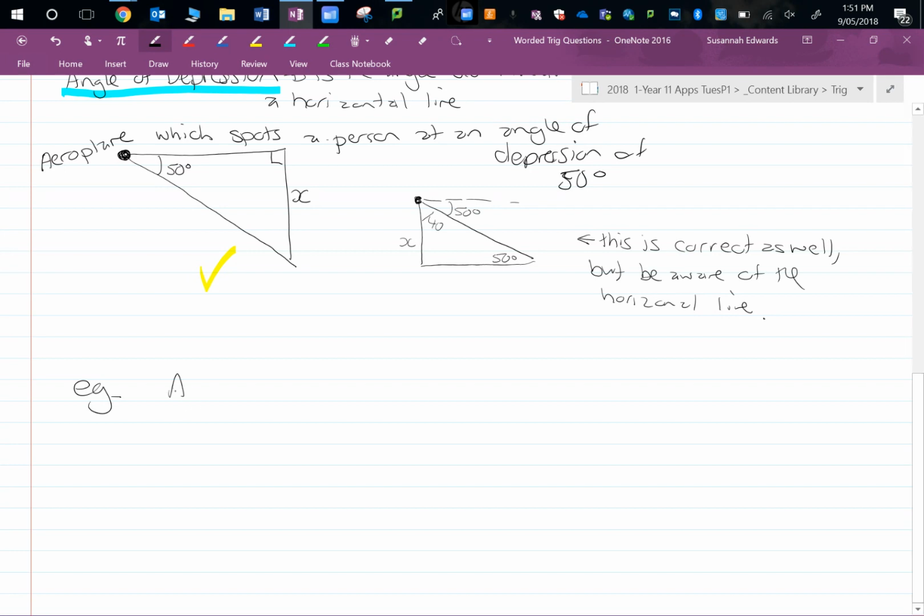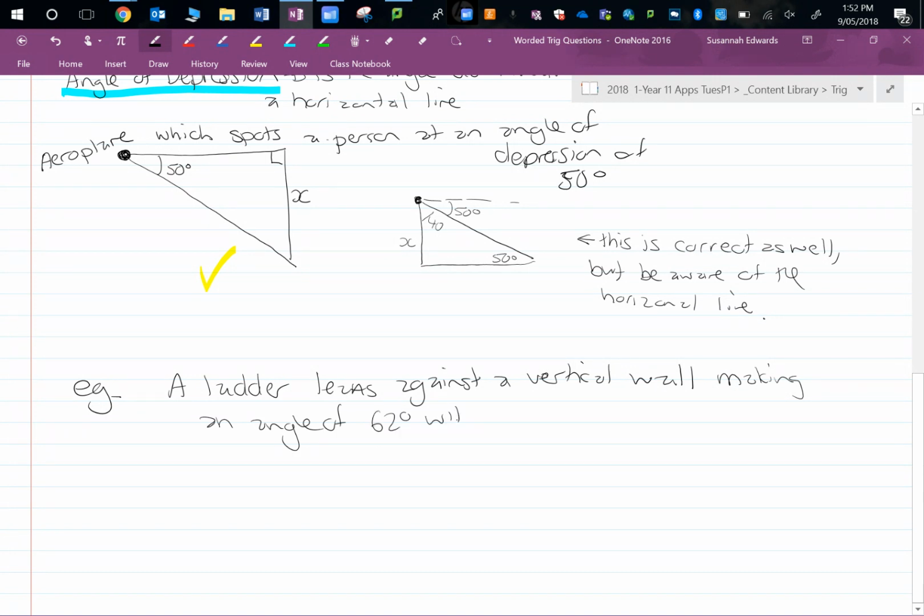A ladder leans against a vertical wall making an angle of 62 degrees with the horizontal ground.